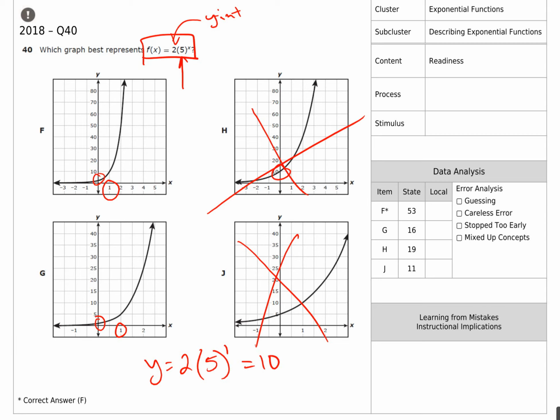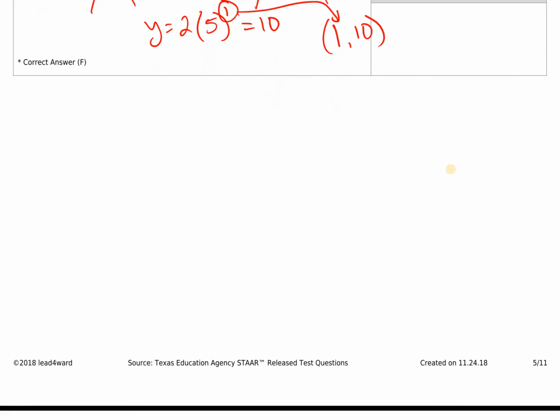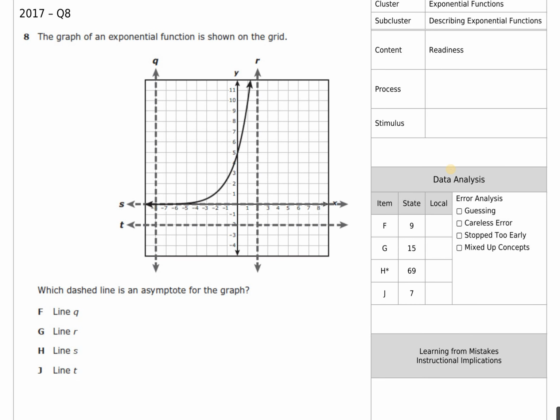So when our x is 1, our y should be 10. When we look at the point with x of 1, that's got a y value of 5. That's not it. (1, 10) is correct. F. On to the next one.